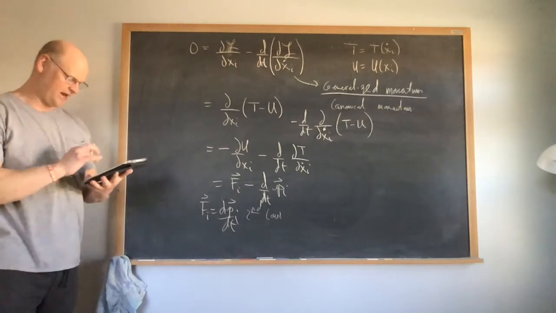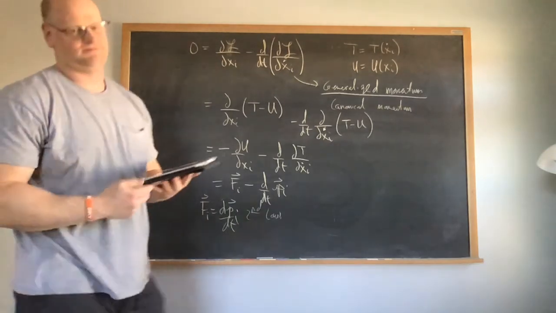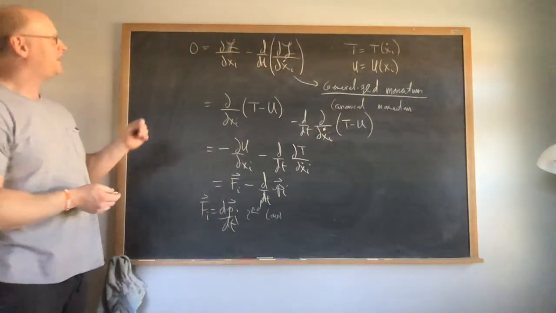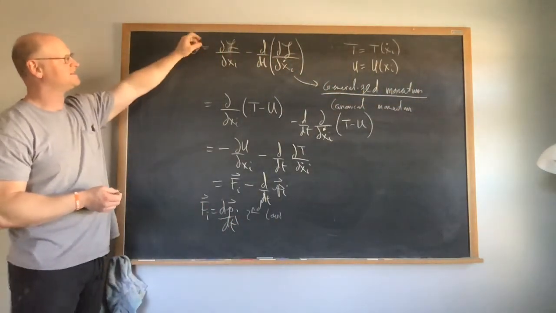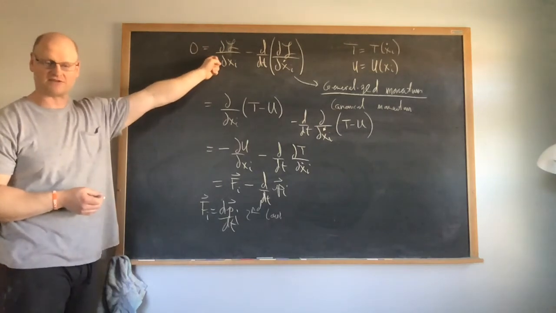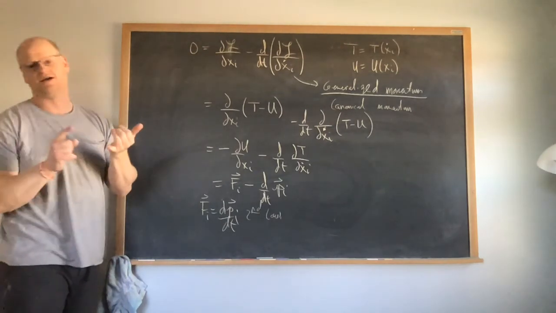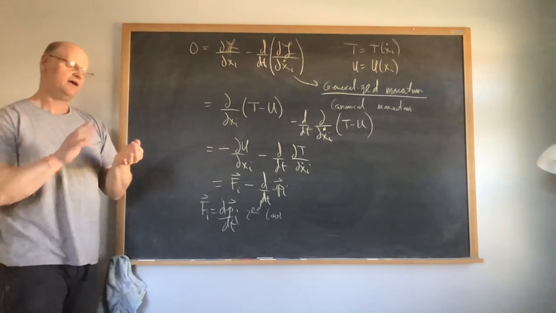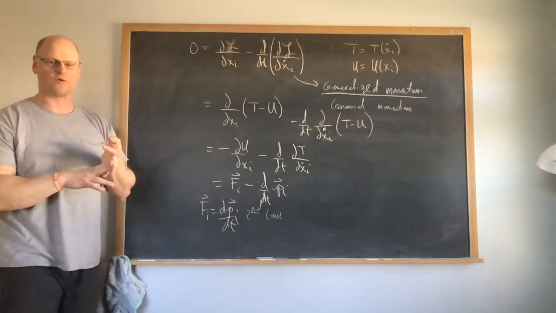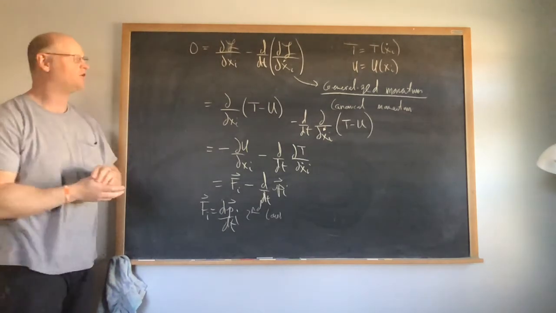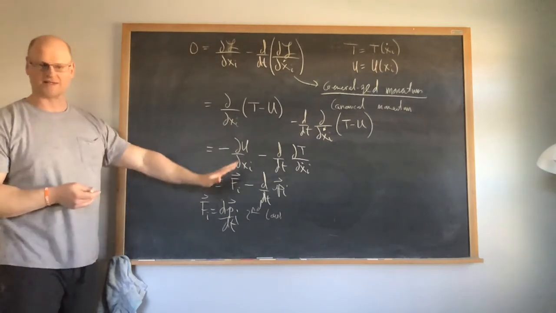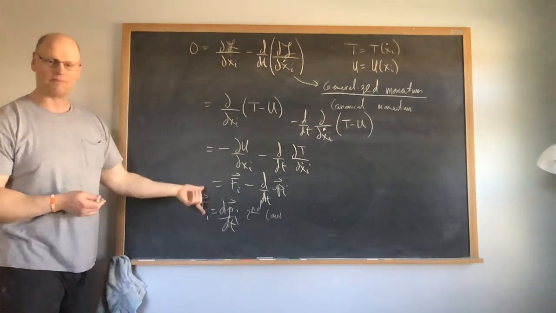Now, of course, by now you might be thinking to yourself, why bother if this thing only gives me Newton's second law anyways? Well, the nice thing is, first of all, this has nothing to do with vectors, so I don't have to know what the forces are. I don't have to know what the accelerations are. I don't have to worry about working in a particular coordinate system where I can write those things down. I can choose whatever coordinate system I want to, and this is going to pop out every time.